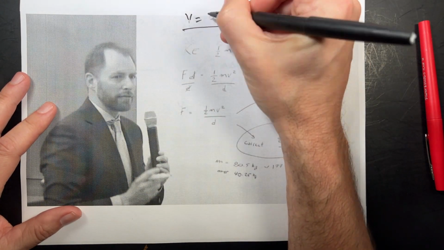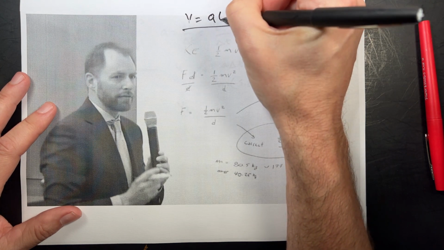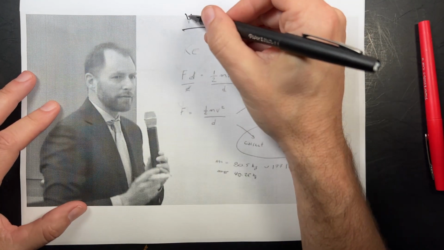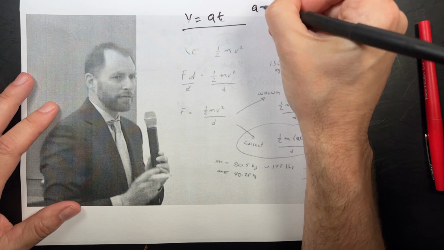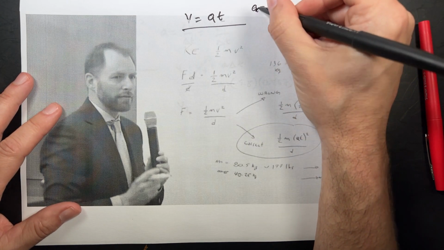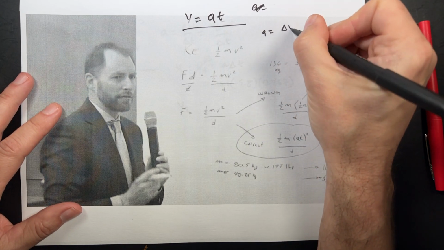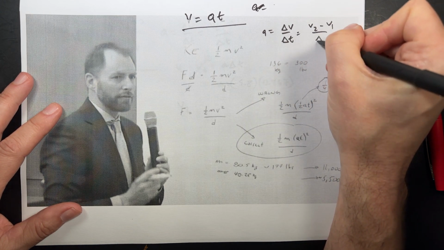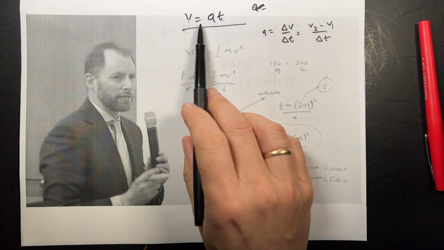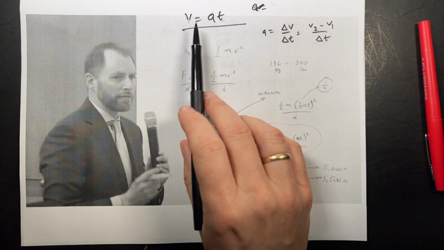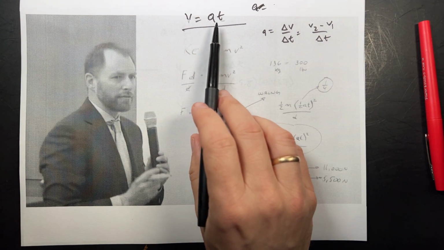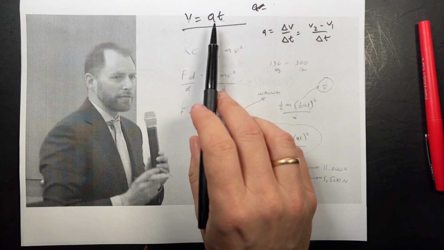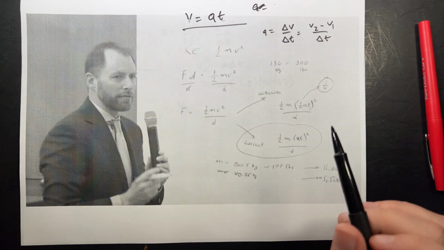V equals AT, which I don't like that one either. I would say the acceleration is the change in velocity with respect to time, so it's v2 minus v1 over delta t. I mean, this is true if the initial velocity is 0 and if your t is your time interval. So it's just not a nice way of writing it.